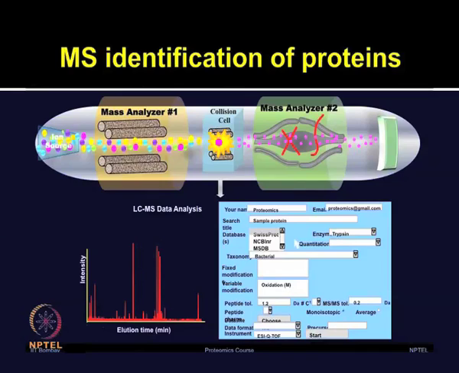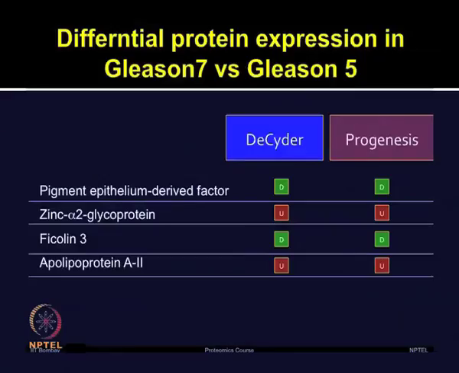After 2D DIGE gel image analysis, the authors excised those spots and subjected them to mass spectrometry for protein identification. The proteins excised from the gels were analyzed using a Finnigan LTQ mass spectrometer, and data from these MS experiments were analyzed using the BioWorks browser with the Sequest program.